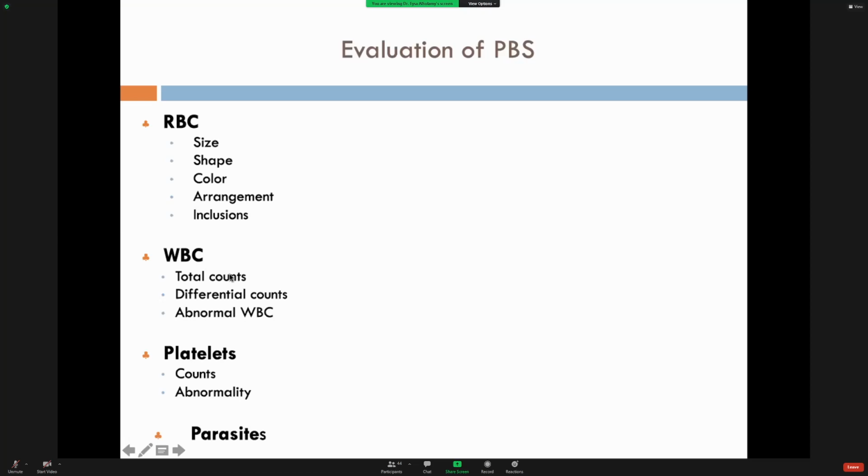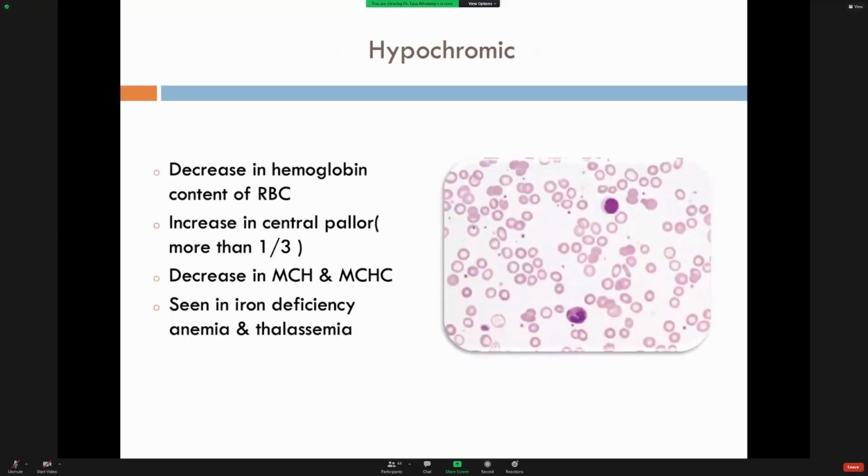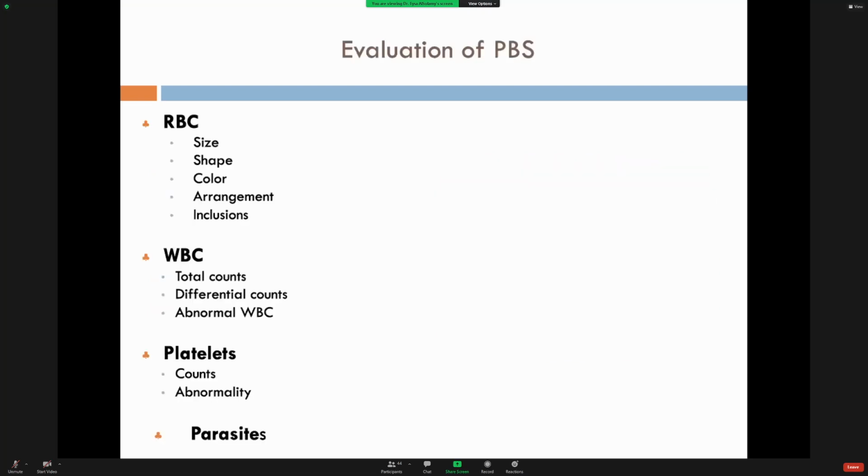White blood cells: you have to look at white blood cell count, differential counts, abnormal white blood cells, shape, platelets, counts, and abnormality. طبعا when you are looking under the microscope, you have to have some idea that this is a patient, مثلا 35, with hemoglobin 9, white blood count 7 and platelets 235, حتى تعرف انت وين ماشي انه والله this is an anemic patient, so you have to focus on the red blood cells first. طبعا احنا مطالبين من هنا نبدا نركز. ها واضح الكلام؟ اي واضح.